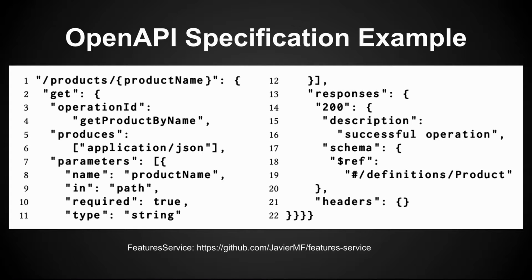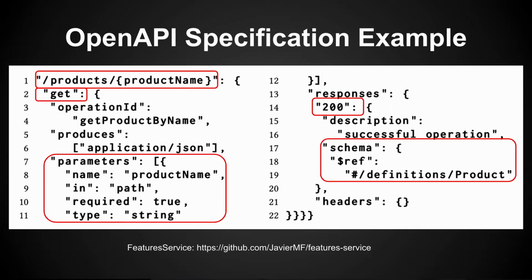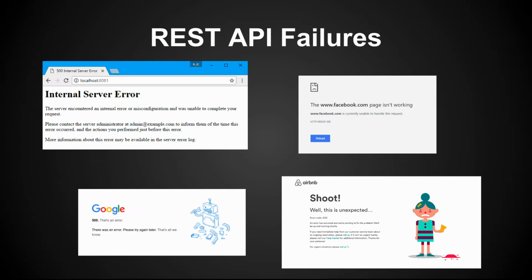Here is an example of the OpenAPI specification of a service called Feature Service. As you can see, it specifies the resource path, the HTTP method, the available input parameters, the response status code, the response body format, and so on.